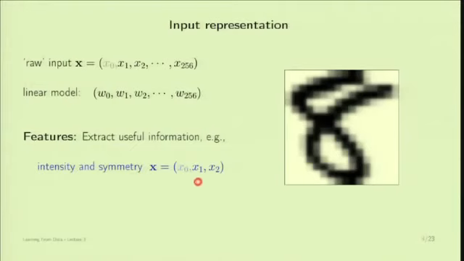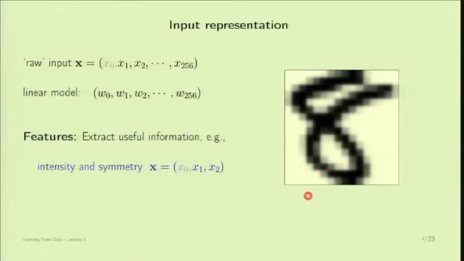Same as symmetry. If you think of the digit 1, 1 will be symmetric. If you flip it upside down or you flip it right and left, you will get something that overlaps significantly with it, okay? So you can also define a symmetry measure, which means that you take the symmetric difference between something and its flipped versions, and you see what you get. If something is symmetric, things will cancel, and you will get a very small value.